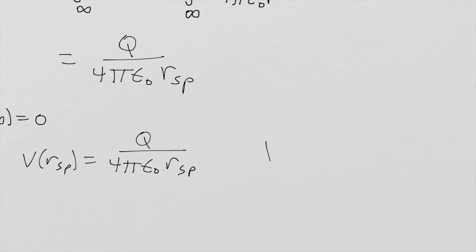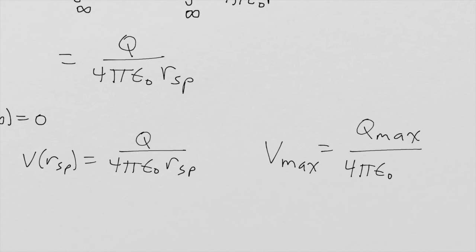So Vmax is equal to Qmax over 4 pi epsilon sub 0 times the radius of the sphere.